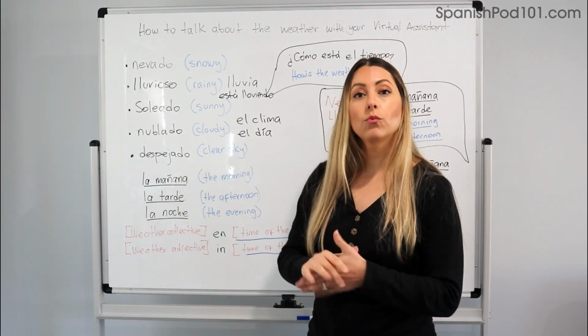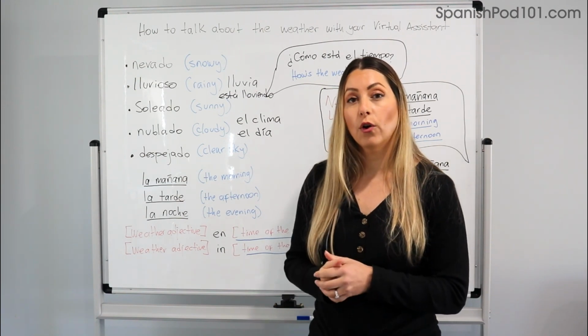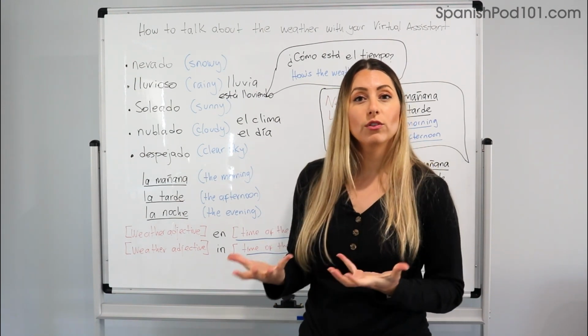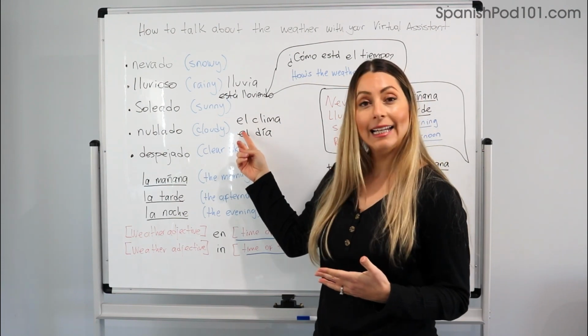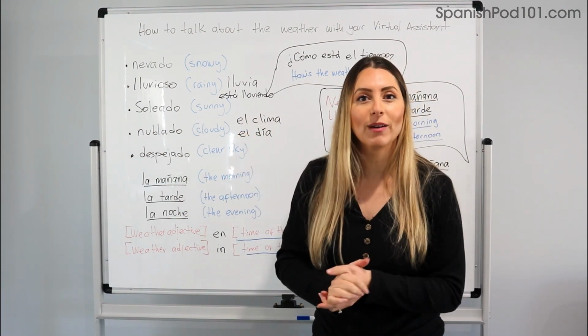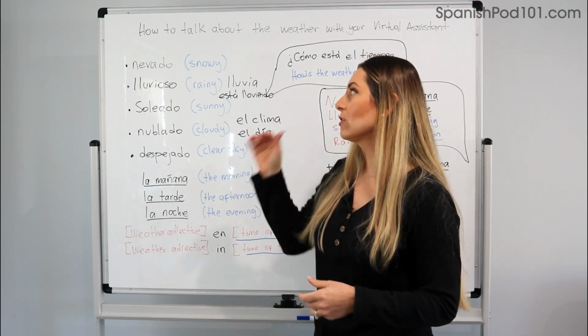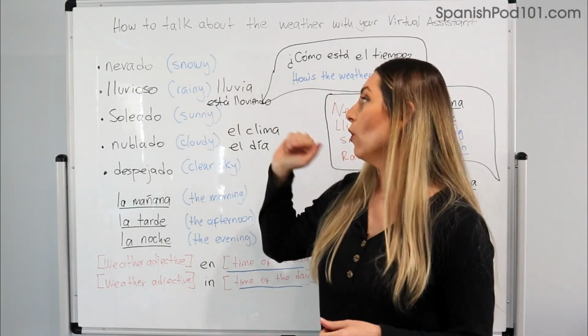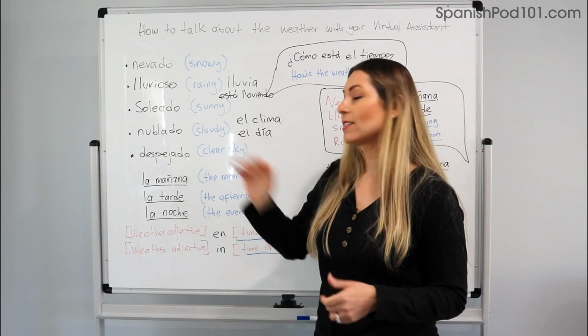All these adjectives, we are going to use them in the masculino form because usually we're going to describe the weather, el clima, which is masculino, and el día, the day, which is also masculino. So that's why we're going to say nevado, lluvioso, soleado, nublado, despejado.